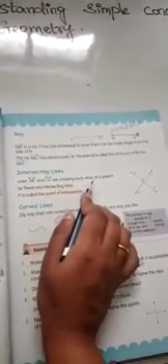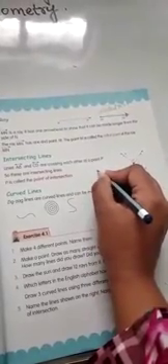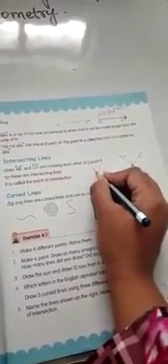Next, intersecting lines. Lines AB and CD are crossing each other at a point P. This is one line and this is one line.